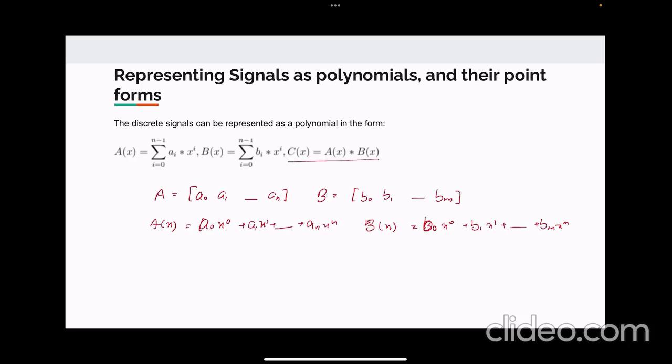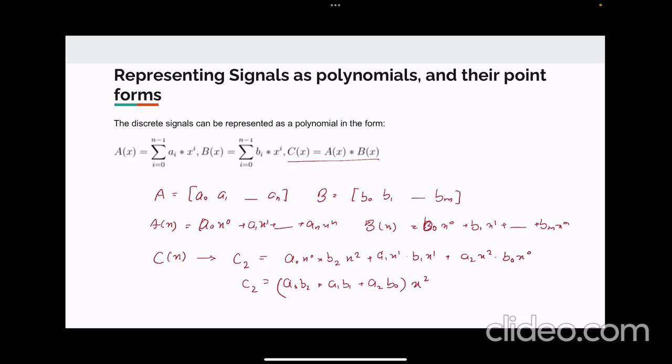Now, C is A convoluted with B. If I want C of x, let's calculate the convolution for a particular index, say C2. If I want to calculate C2, the second index of C, when I multiply A with B, I'll get A0 x to the power 0 times B2 x to the power 2 plus A1 x to the power 1 times B1 x to the power 1 plus A2 x to the power 2 times B0 x to the power 0, or it will be A0 B2 plus A1 B1 plus A2 B0 multiplied with x to the power 2.